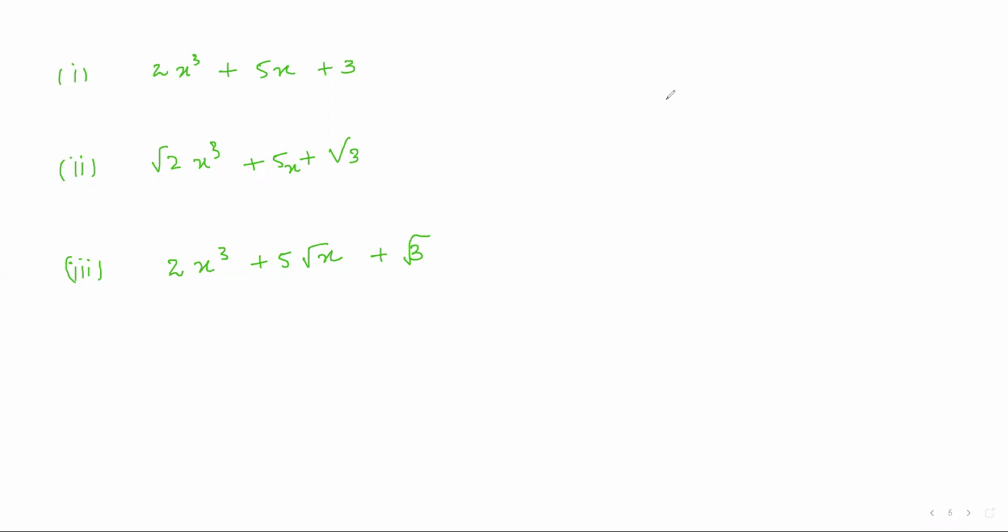For this expression to be a polynomial, this is important, the exponent of the variable should be a whole number. Right? What is a whole number? They start from 0 and then 1, 2, 3, and so on.